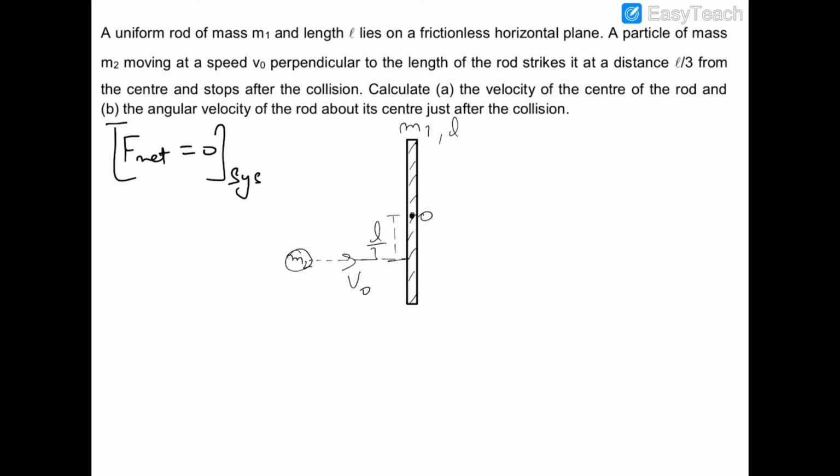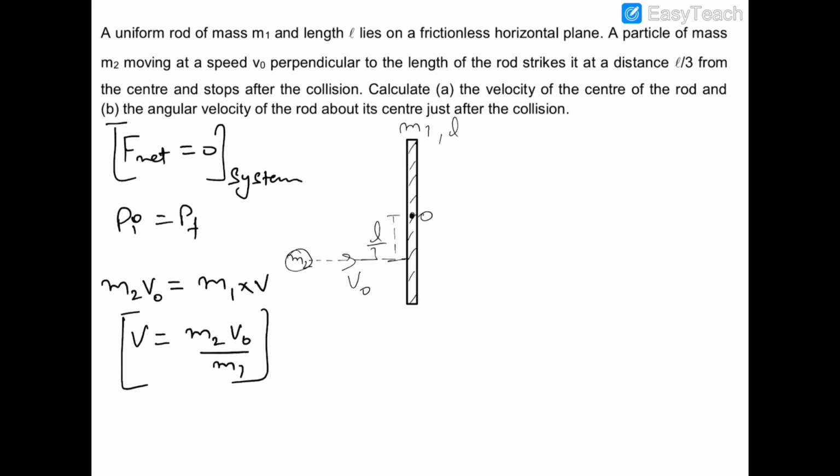Therefore, the linear momentum of the system is conserved. Now the initial linear momentum was m2 v naught, and the final linear momentum is m1 into v, where I have assumed that v is the velocity of the rod. So v will be equal to m2 v naught upon m1.